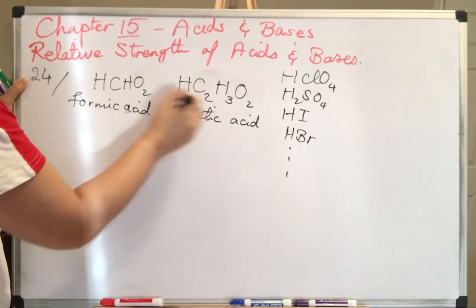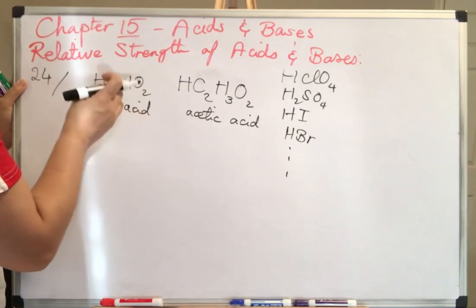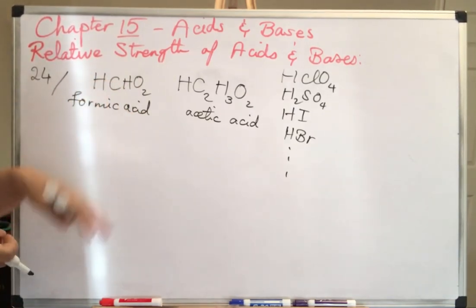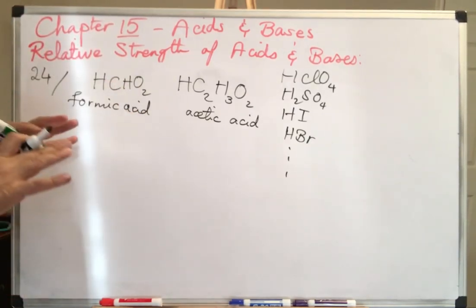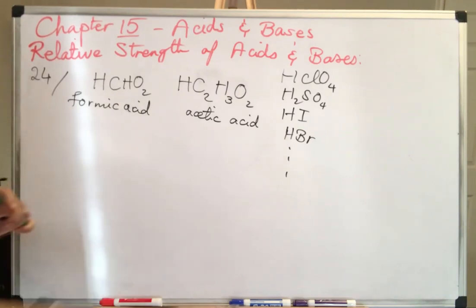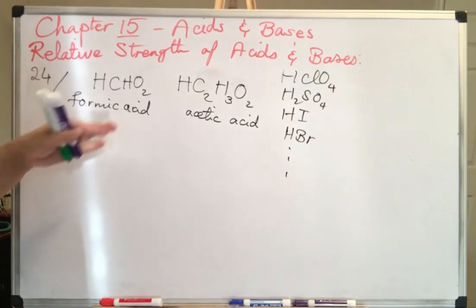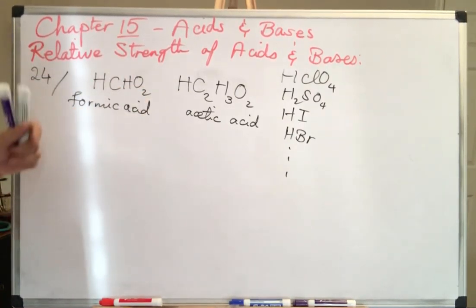And those of you who need to take organic chemistry, you will learn how to name each of these and what the structures are. So no worries about the structures and anything about organic chemistry at this point. So the question is saying that formic acid is stronger than acetic acid. Which is the stronger base?